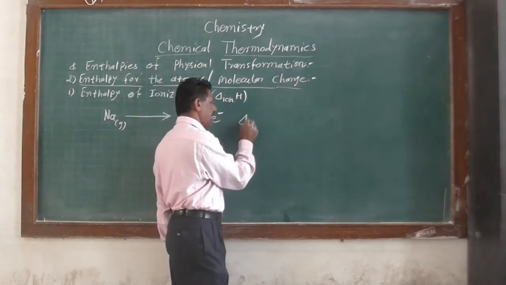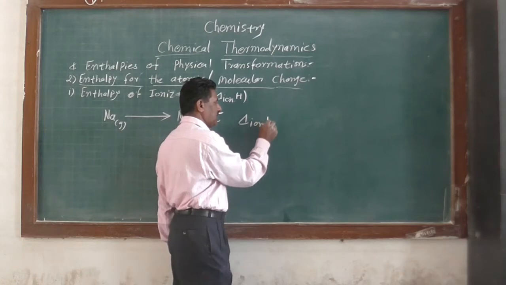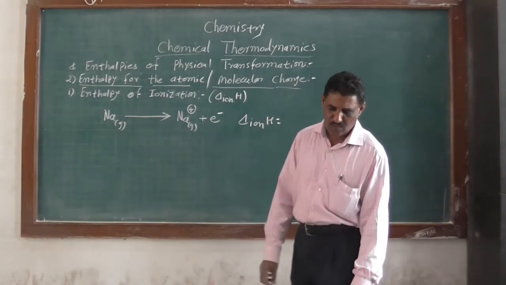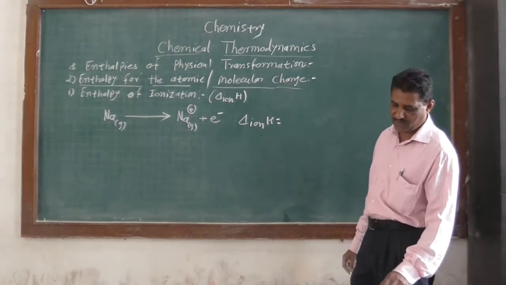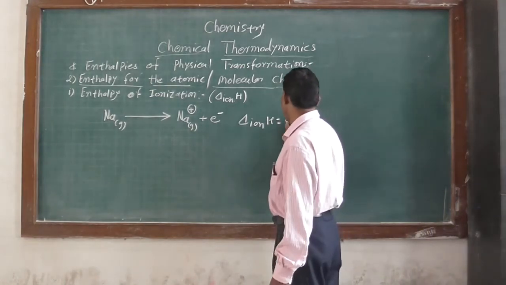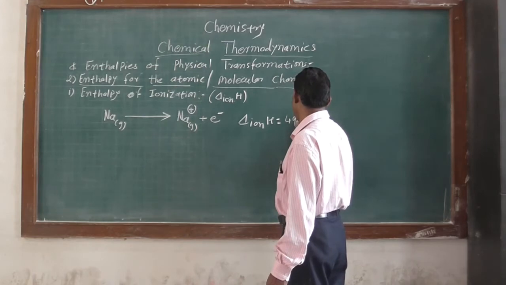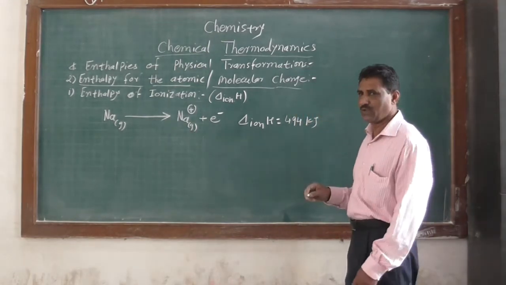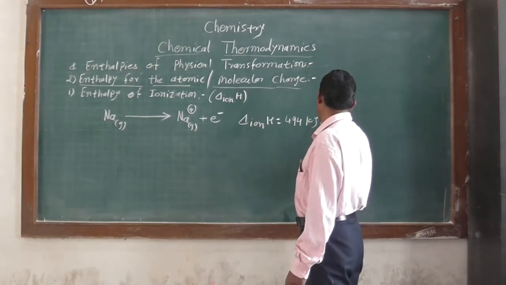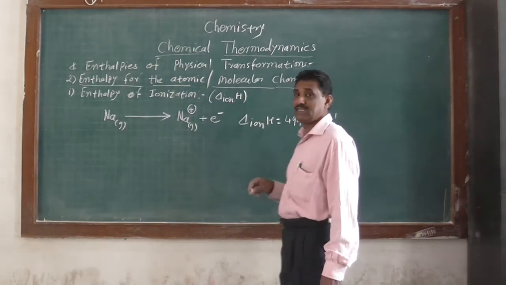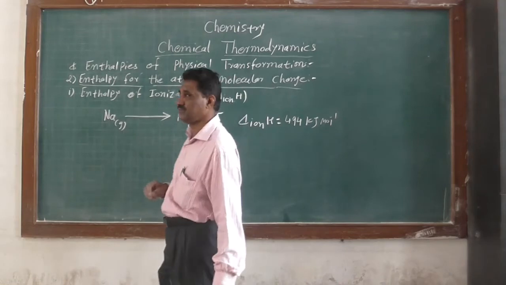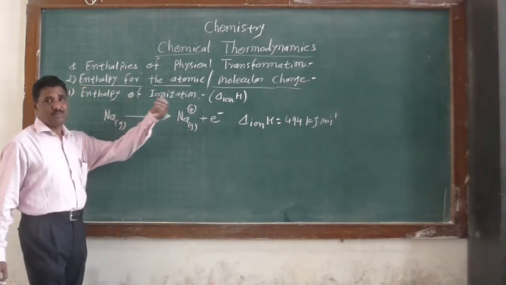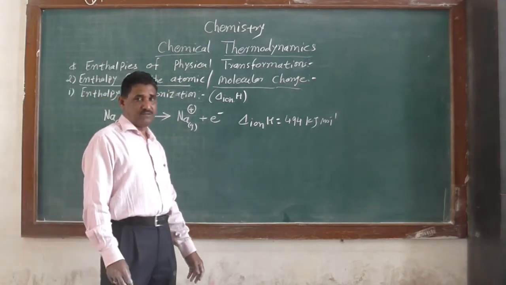Means delta ionization H is equal to 494 kilojoules per mole. Energy is required. That is called as enthalpy of ionization.